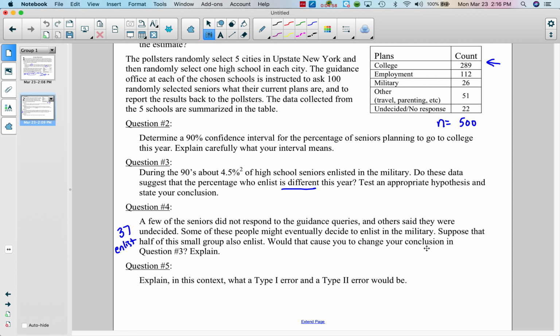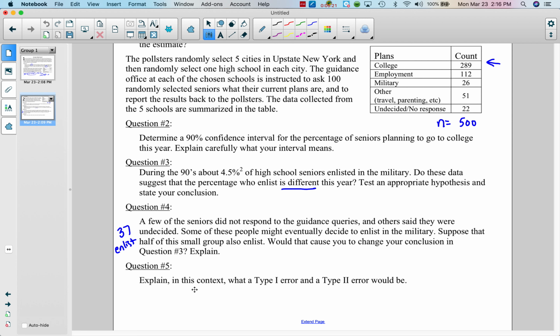Would that cause you to change your conclusion in question 3? Basically you're redoing question 3, but now you have 37 out of 500 enlisting, and you have to decide, does that make a difference? Notice they don't give you an alpha level, so I would use 0.05, and look at whether the p-value is less than 0.05.